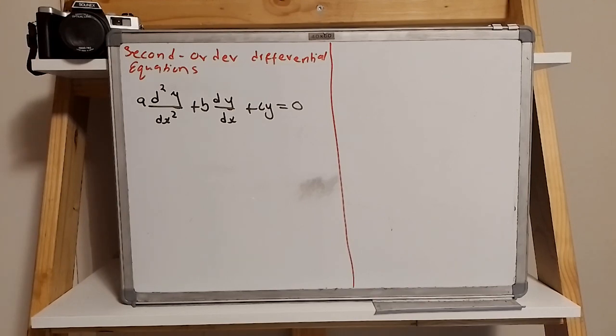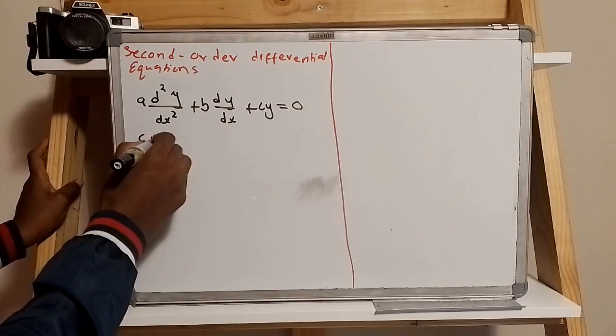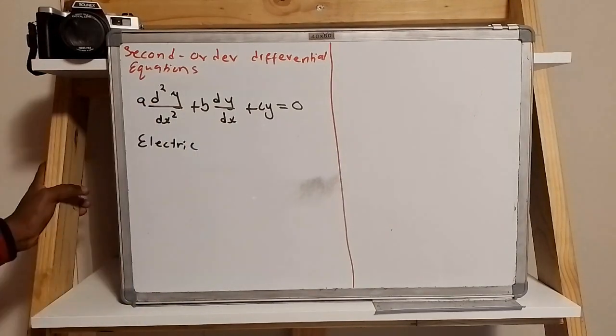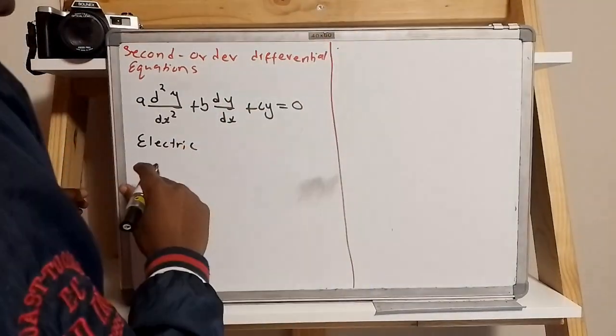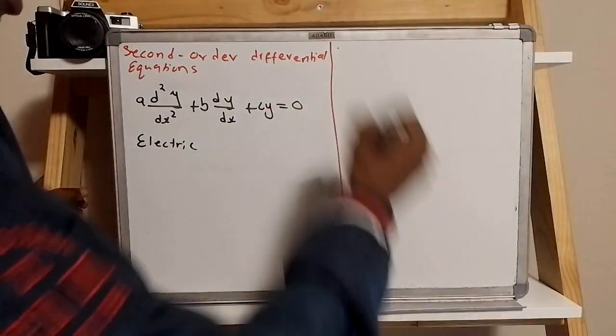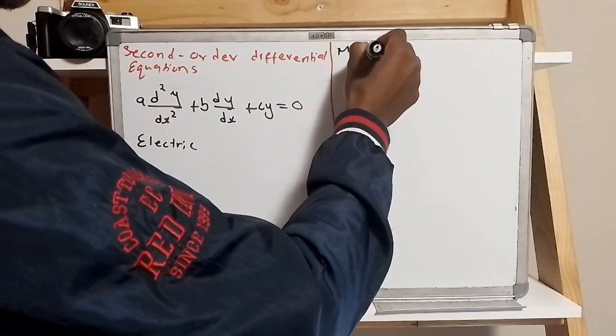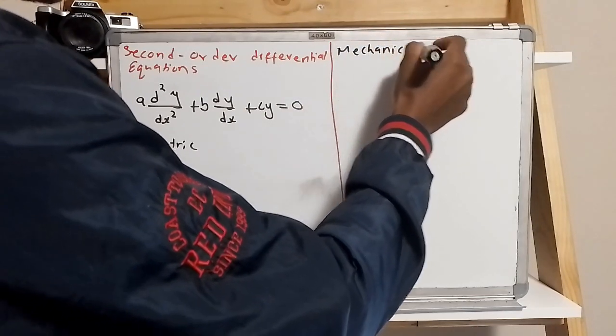In engineering, second order can be expressed in examples, right? First one is the electrical equation. The second one is called mechanical systems.